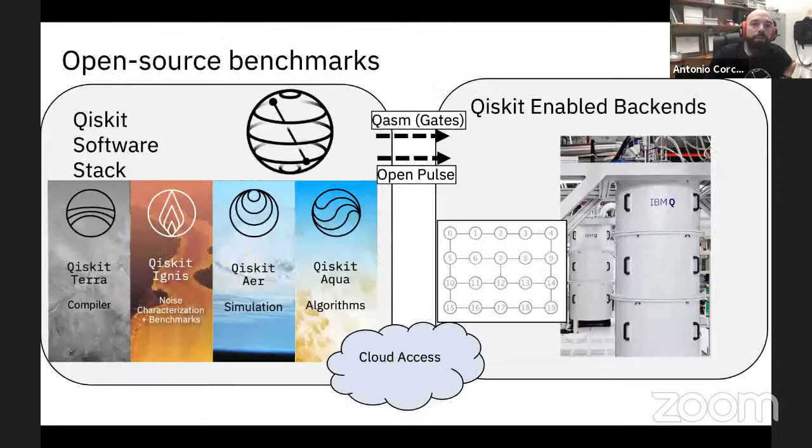So as most people might know, we have this set of backends or quantum processors in the cloud that we give access to the general public, and along with the hardware, we have this open source software stack which is called Qiskit, and anybody can register and download it and start interacting with our quantum computers.